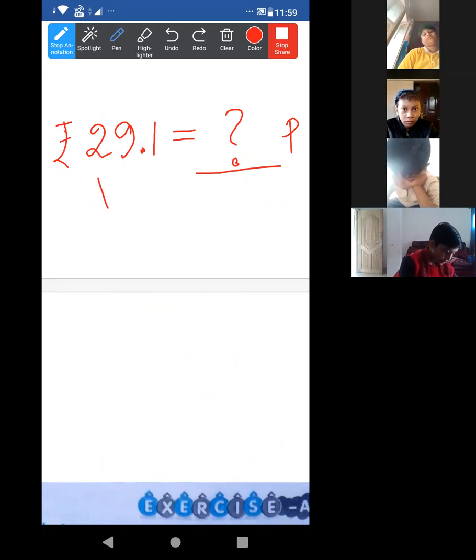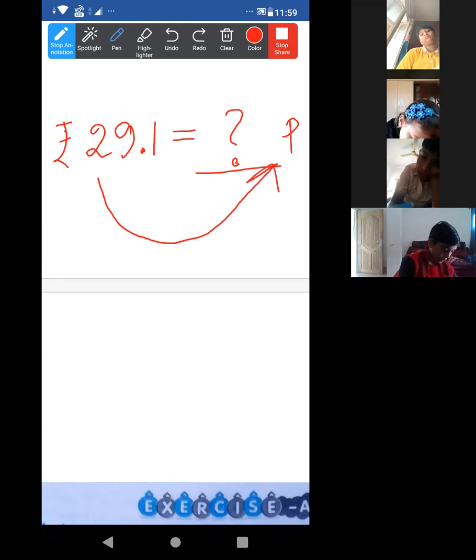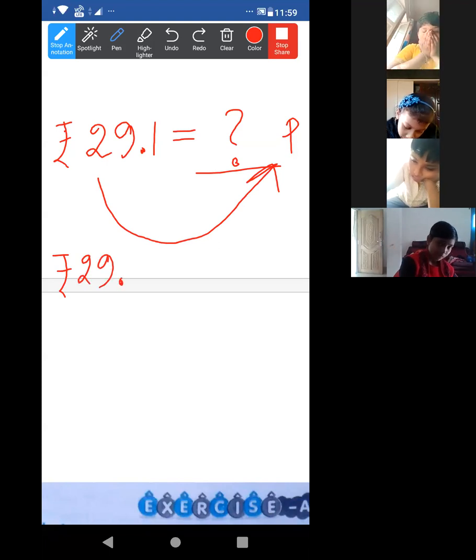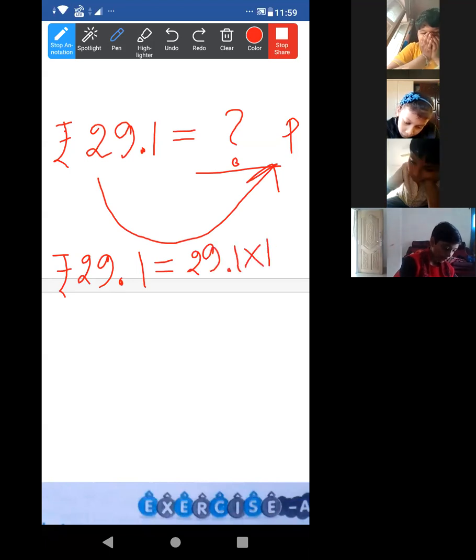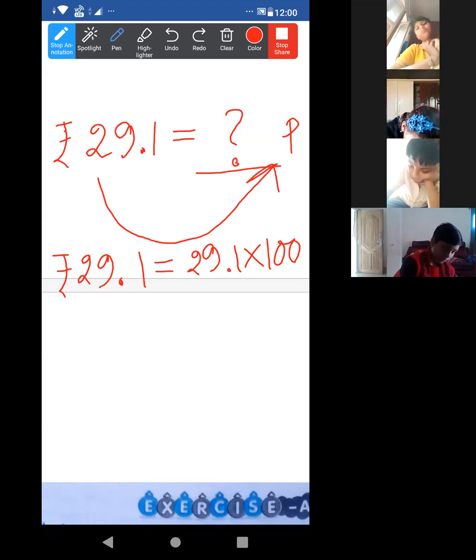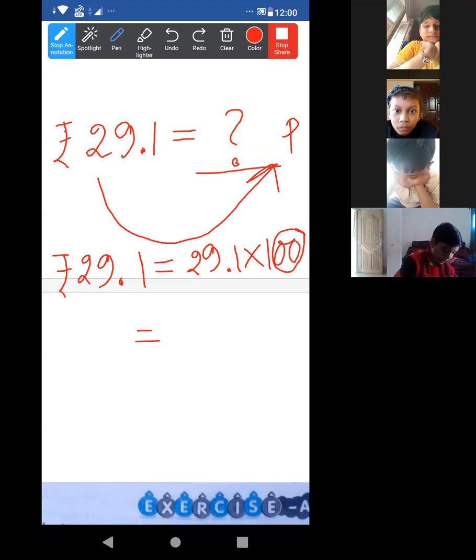When we are going to convert into paise, that means we have to multiply by 100. So what to write? Rupees 29.1 is equal to 29.1 multiplied by 100. Yes or no? Shake your head. Rajpreet, Bonasri. Now look. How many zeros are there? 2.